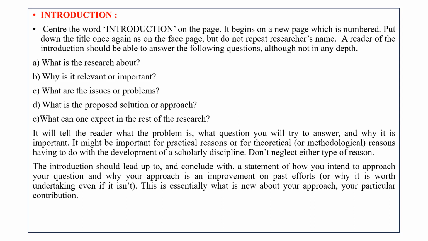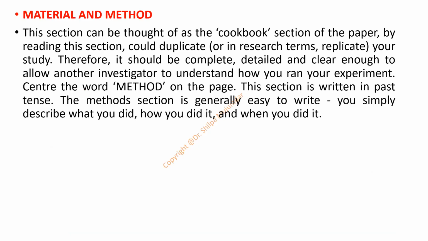Both variables you have to define or specify very clearly, and a clear statement of the predictions based on the background information that you have presented. Here you have to give everything very clearly.